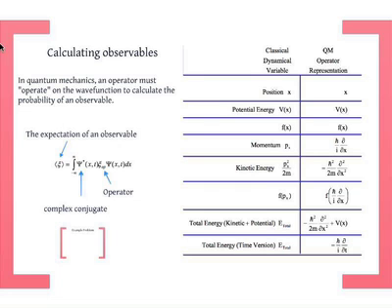Okay? So the definition is the following. The expectation of an observable, which means the expected value of an observable, can be calculated, and it is written like that with these triangular brackets. That's a formalism determined by Schrodinger, where you do an integral of the complex conjugate of the wave function multiplied by the operator of the observable, as we'll see in a second, multiplied by the wave function itself.